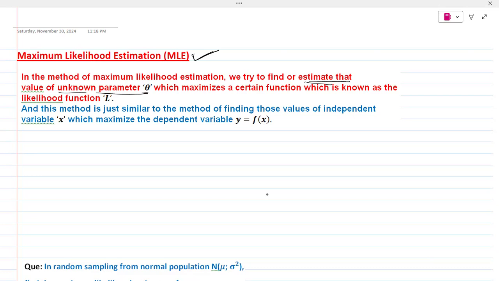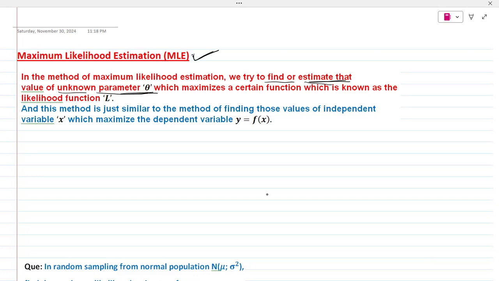This whole chapter of estimation, or the concept of estimation, is about finding the values of unknown parameters. I started from this fact onwards: the whole concept of estimation is about finding or estimating the values of unknown parameters of the population.